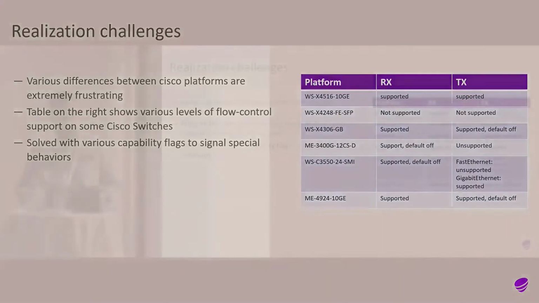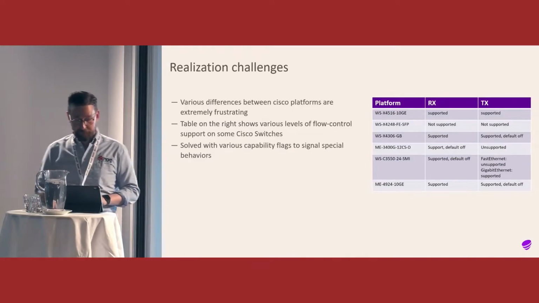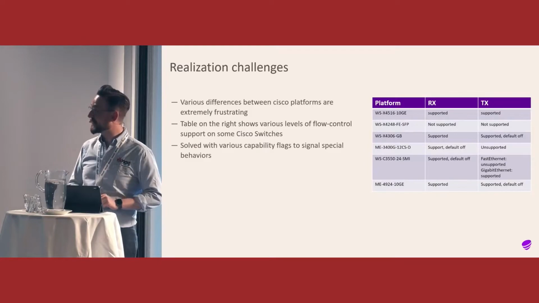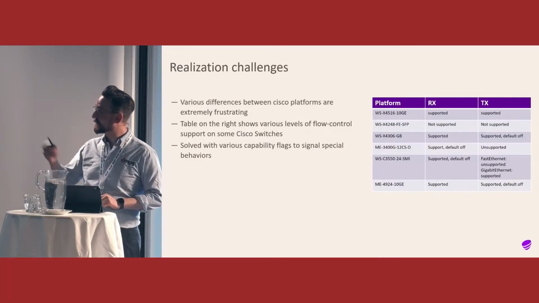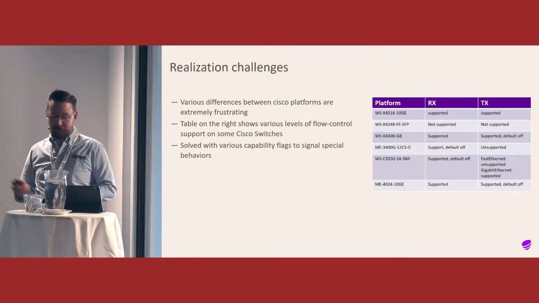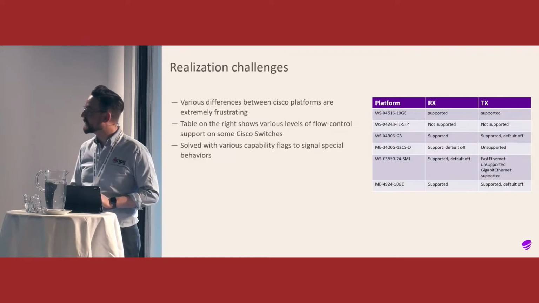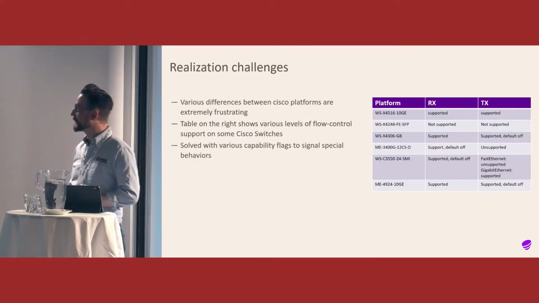One of the things we spend a frustrating amount of time on is various differences between Cisco platforms. Some of these differences are extremely trivial, but really, really annoying to deal with. For example, I have an excerpt here of various flow control support in various Cisco switches. They can be either supported, unsupported, or supported with a default behavior.